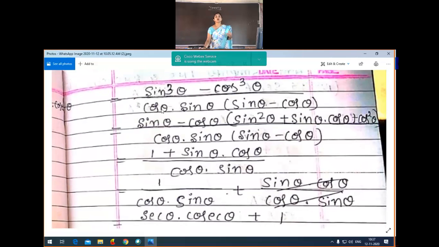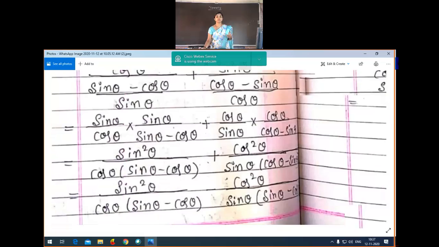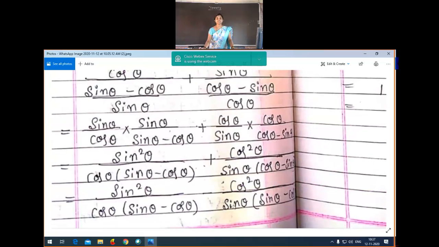See here, cos theta minus cos theta. Then let us come to here only. See here, cos theta minus cos theta is LCM. Then here sin square theta is there. Already cos theta, sin theta minus cos theta is there. Which is missing term in the LCM factor? Sin theta is missing. Then sin theta you have to multiply here. Then it becomes sin cube theta.